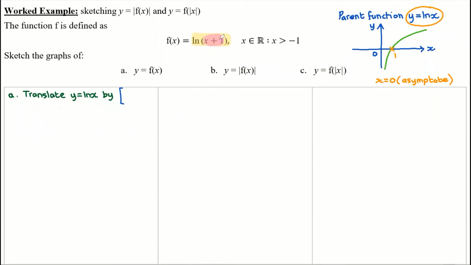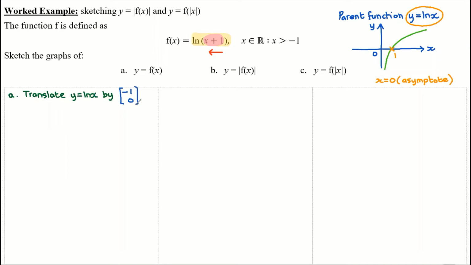So it does the opposite to what you'd expect. Rather than moving it to the right, as you probably expect by adding 1, it moves to the left by 1. And because it's inside the function, it's an x transformation. So it's going to be by the vector -1, 0, the bottom number, of course, representing the y direction.